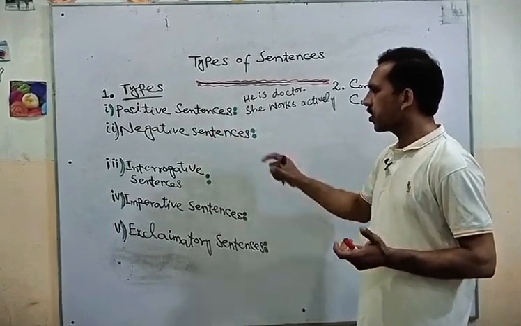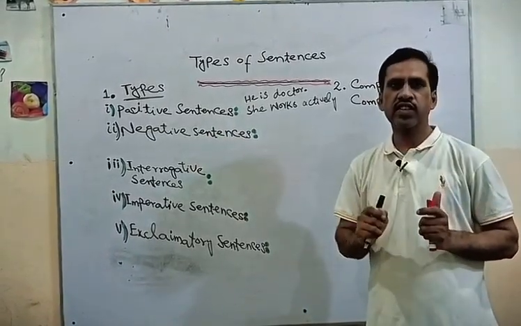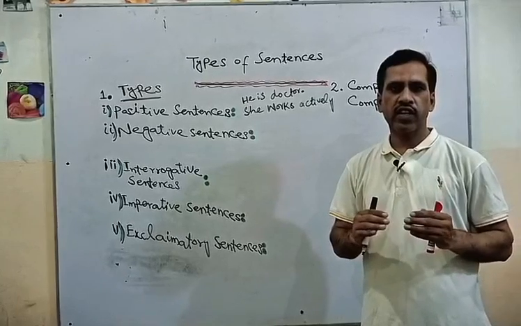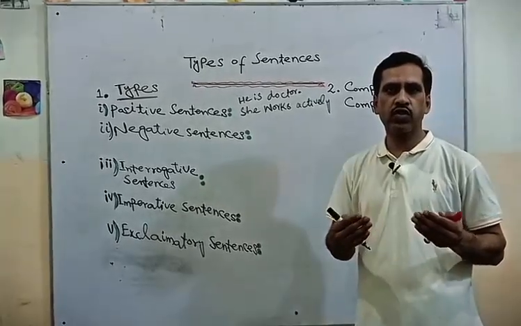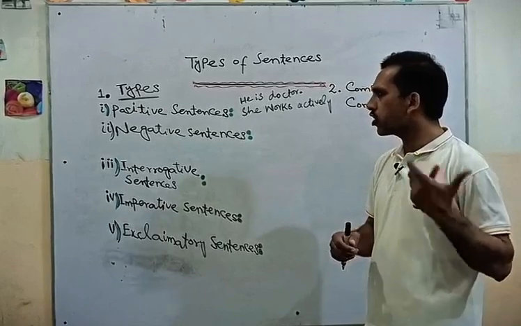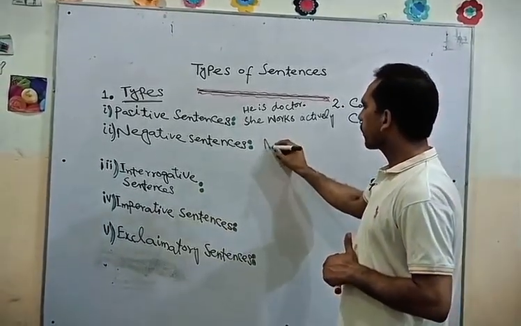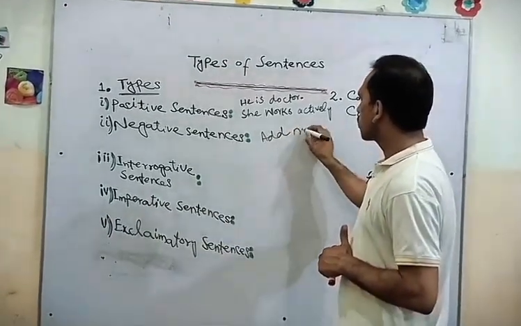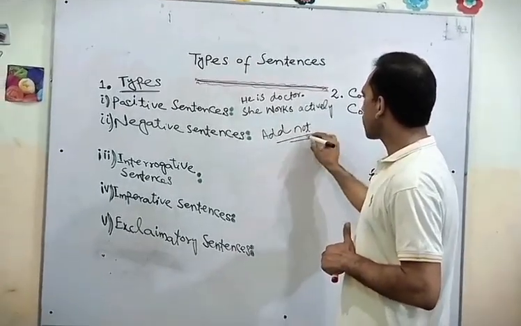Negative sentences are those sentences in which we use the word not. For example, add not in these sentences.